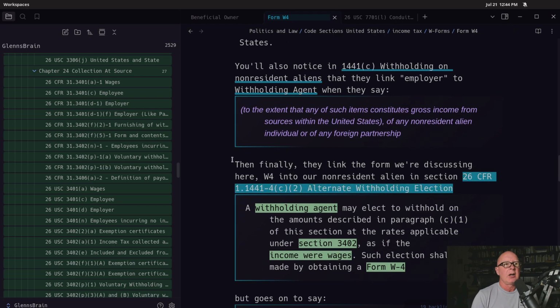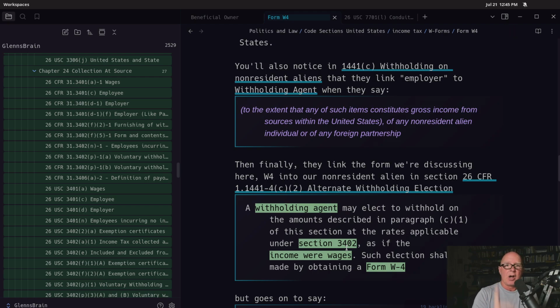All right, so now it goes on in 1441-4C2, alternate withholding election. So this is an alternate election, and you'll see it says a withholding agent, employer, payor, they're all the same. A withholding agent may elect to withhold the amounts described in paragraph C1 of this section at the rates applicable under section 3402.